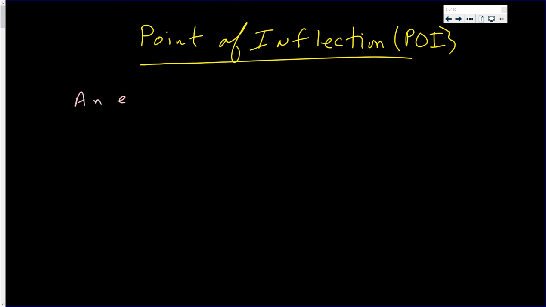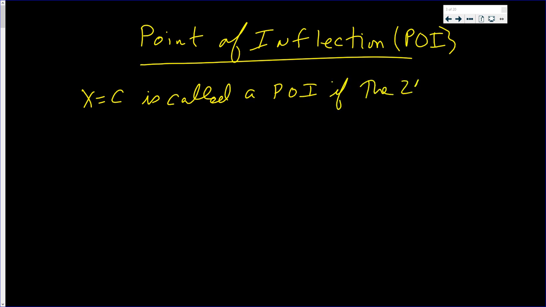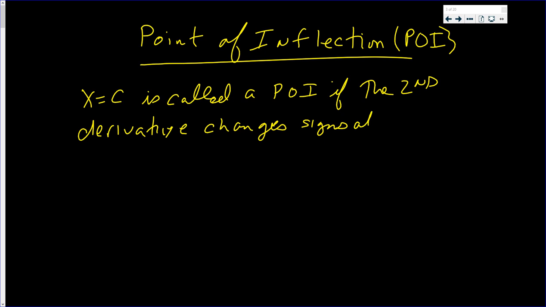An x value, x equals c, is called a point of inflection if the second derivative changes signs at x equals c.